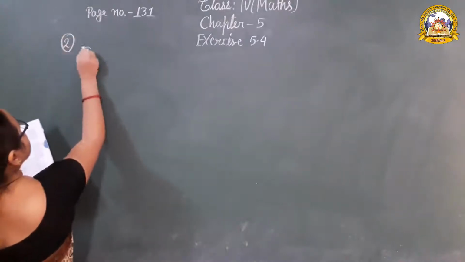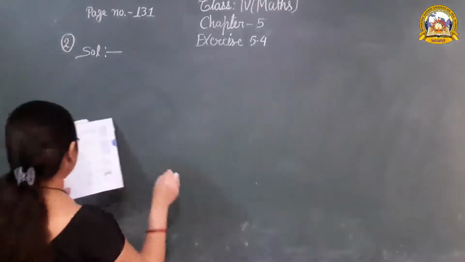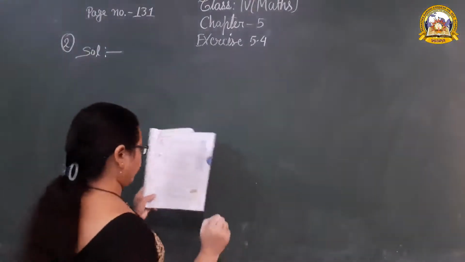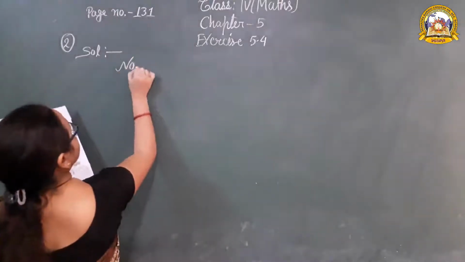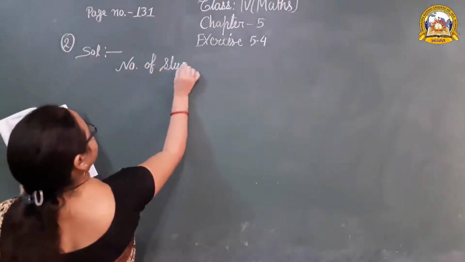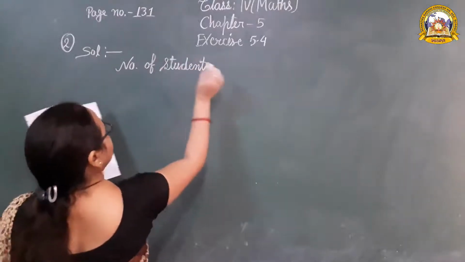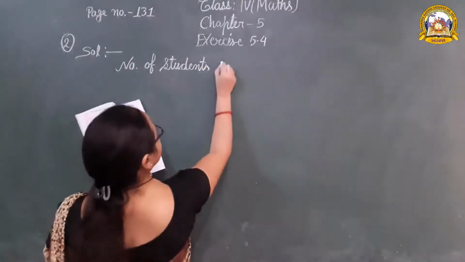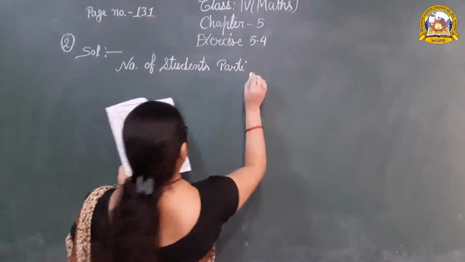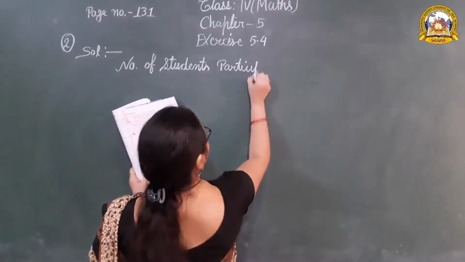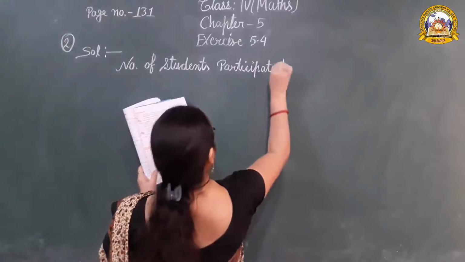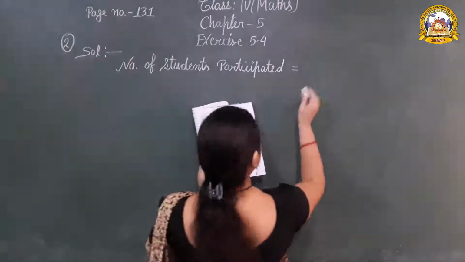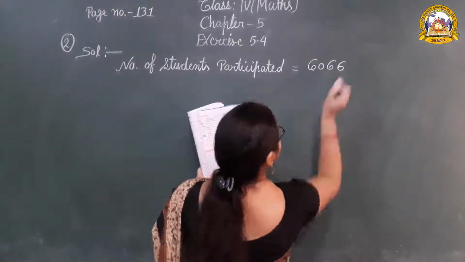Question number 2. Solution. First we write the total number of students who participated in the quiz competition. Number of students participated is equal to 6066.